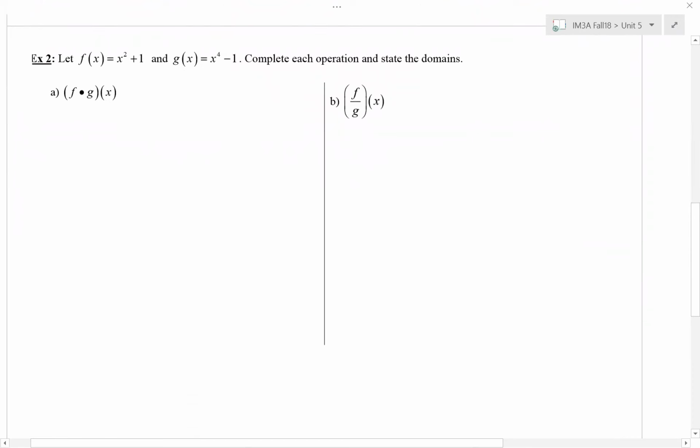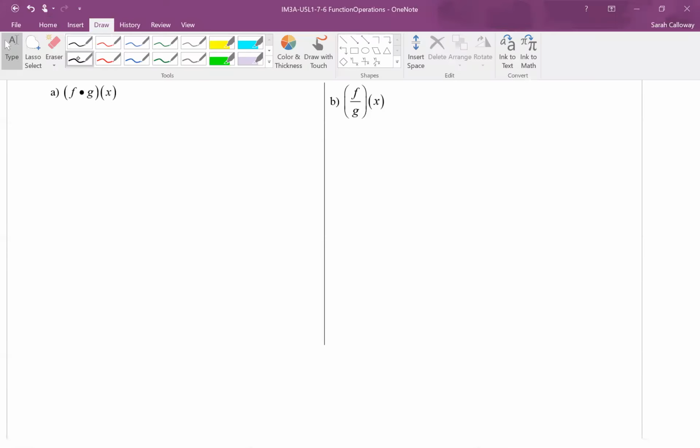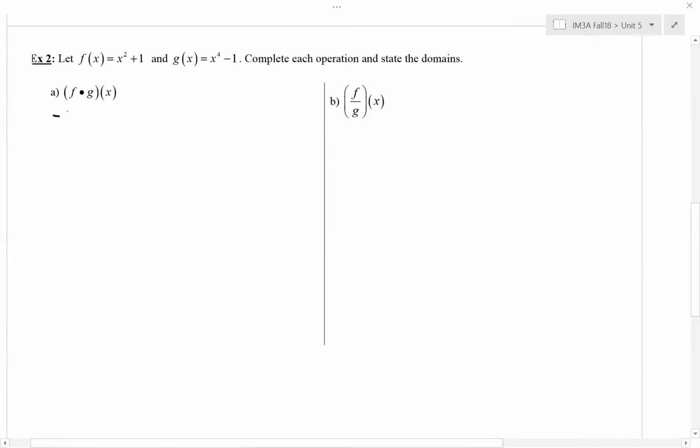So this is similar to what we saw when we were looking at just the section on polynomials. So it's asking us to complete each operation and state the domains of our results. So f times g of x written like this, remember, is equivalent to f of x times g of x.